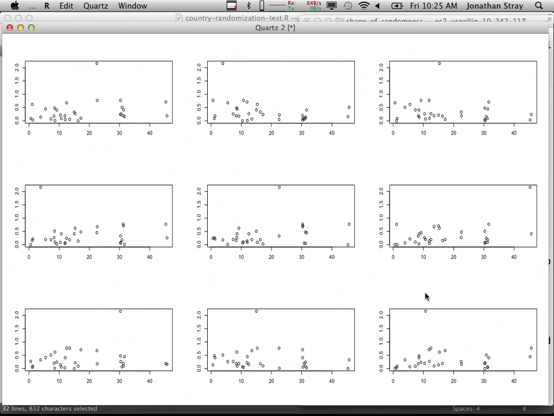And the rest I've made by scrambling the numbers, right? So I've reassigned the countries randomly. Which one is real? Can anyone tell? Anyone want to guess? This one? Yeah. So that's number 5, counting from the top left. Anyone else got a guess?